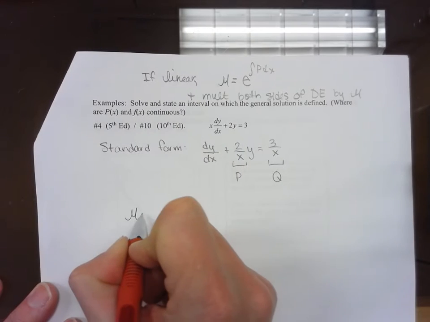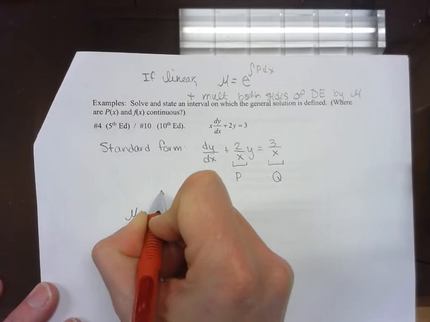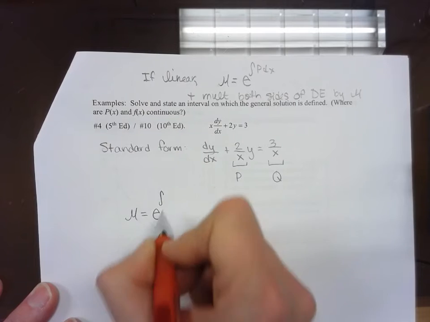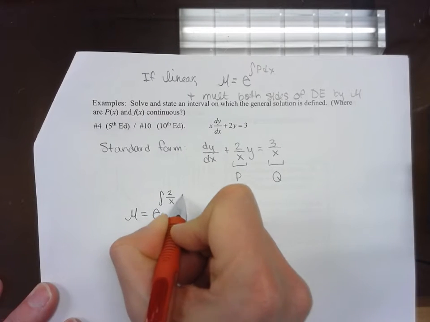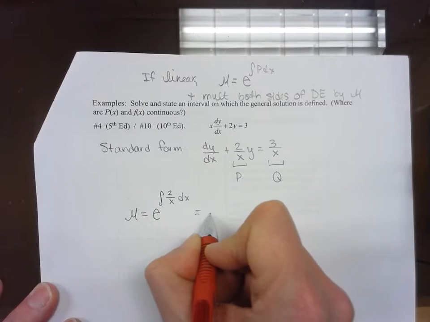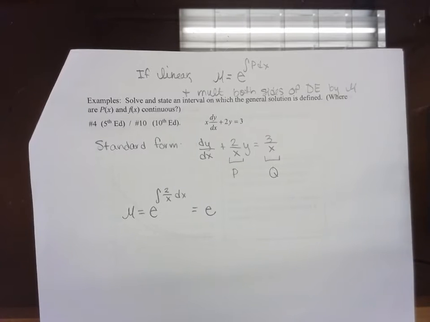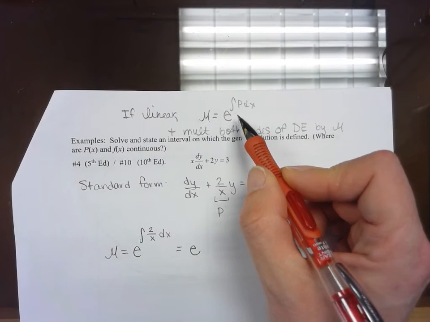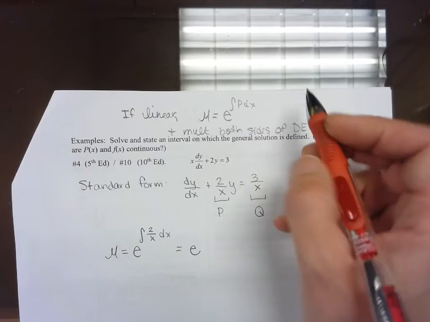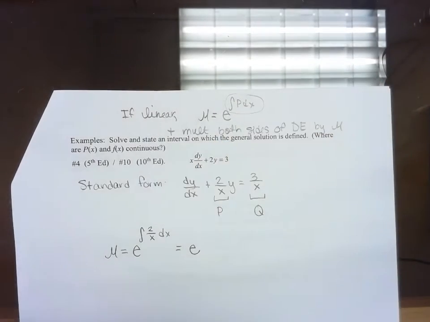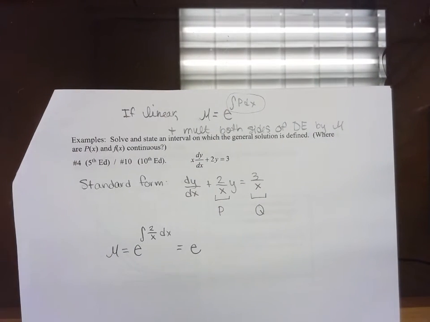And mu is e to the antiderivative of p. And here's the thing, we just need to find a function that works. So when we integrate the p dx, we don't need to add a constant, okay?